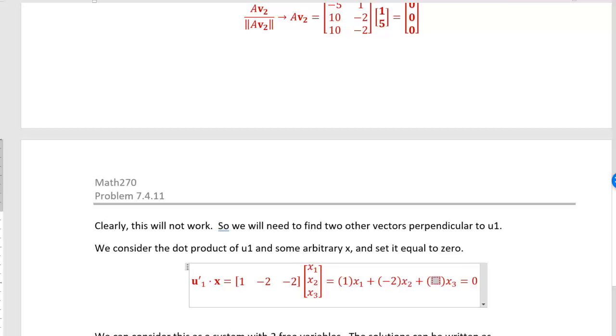And so when we take that dot product, we're going to get a 1, -2, and a -2. So we want to solve for this, and if we imagine this as a system of 3 equations and 3 unknowns, and then we do the row reducing and the last 2 rows happen to be zeros, we can think about this as having free variables in x2 and x3, and then solve for x1.